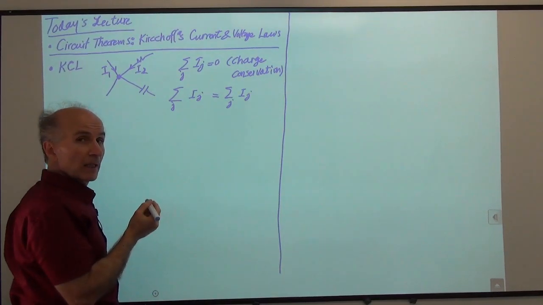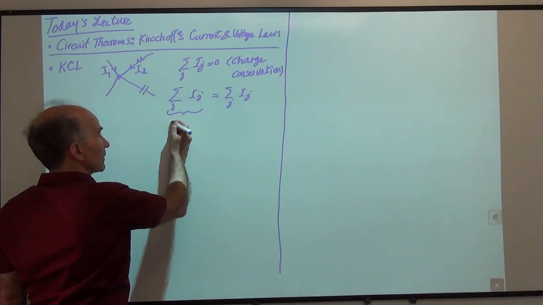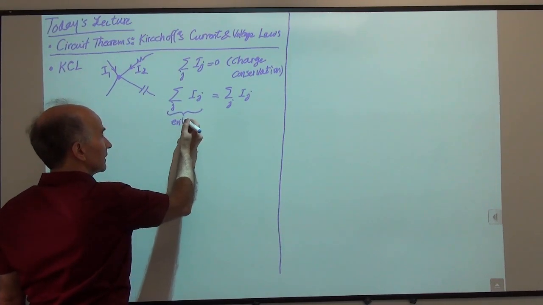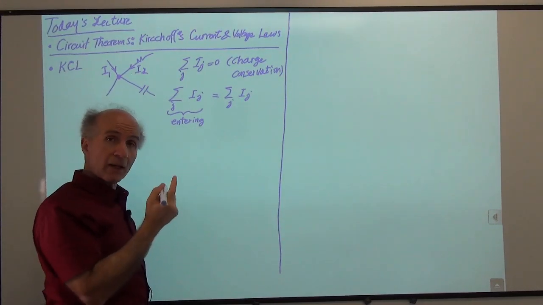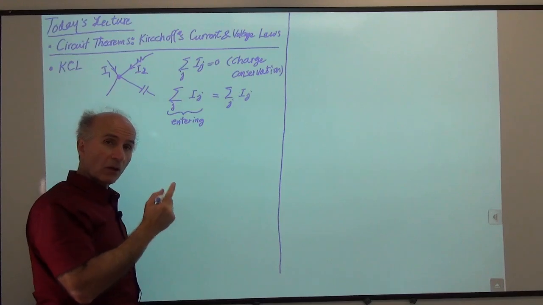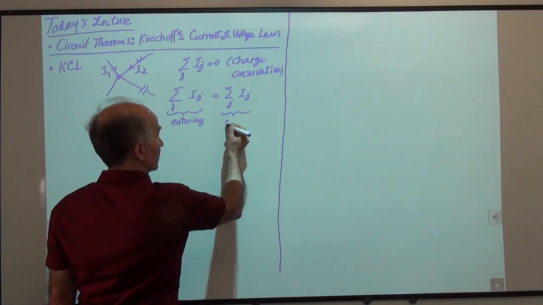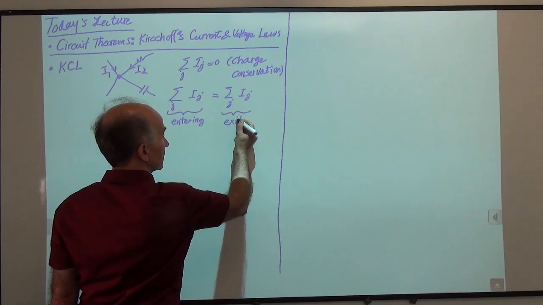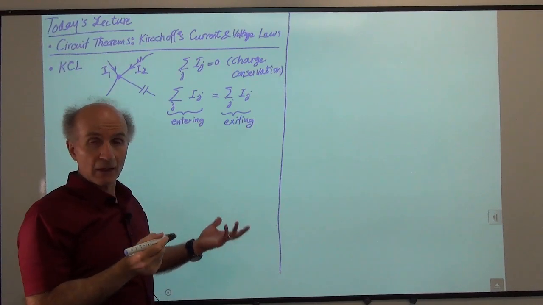What does this mean? It means that I'm going to add up all of the currents that are entering. And that sum has to be equal to all the currents that are exiting, or leaving. Okay? So that's another way of writing it.